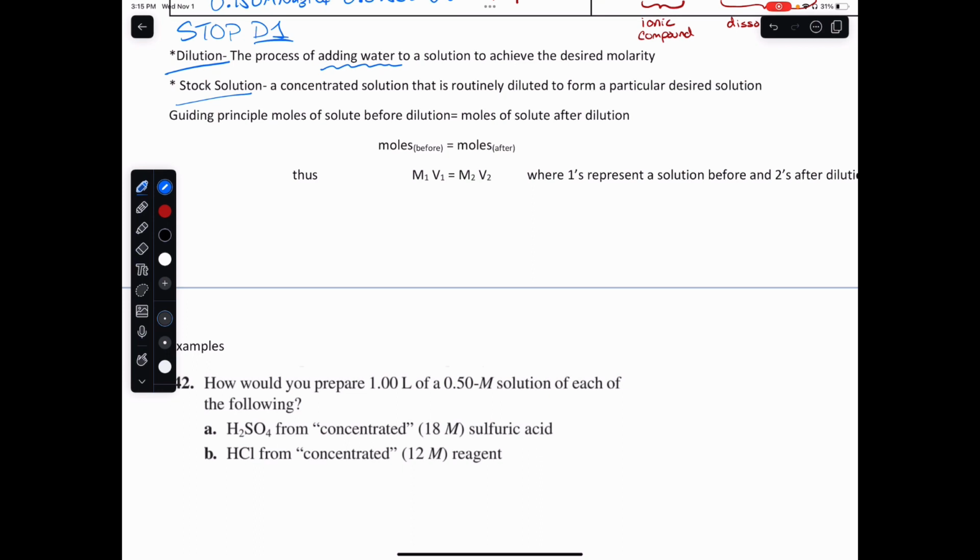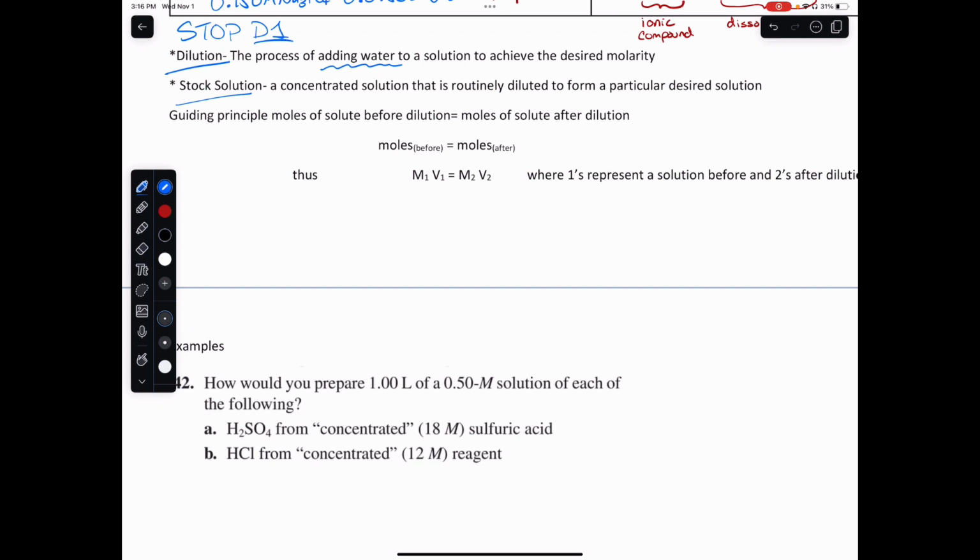And when I need a solution of hydrochloric acid, I take that highly concentrated version and I water it down to any concentration that I actually need. So you may do this at home with lemon juice, where you have a highly concentrated small bottle of lemon juice, and whenever you want to use it for baking or cooking, you water it down. That highly concentrated version is your stock solution.